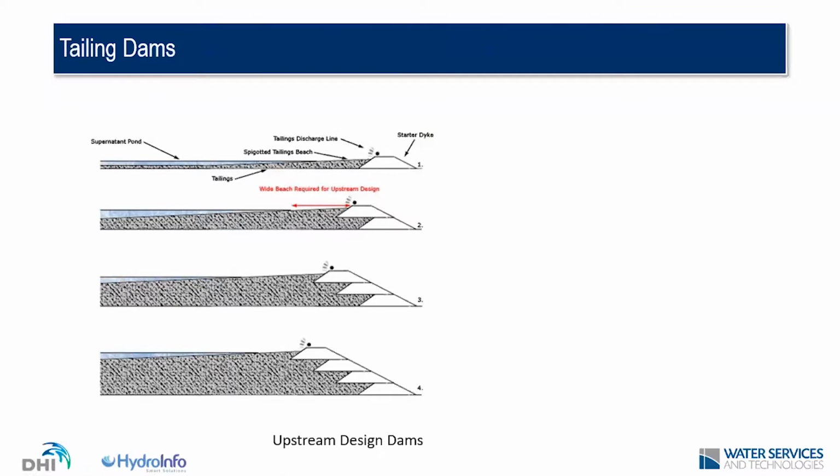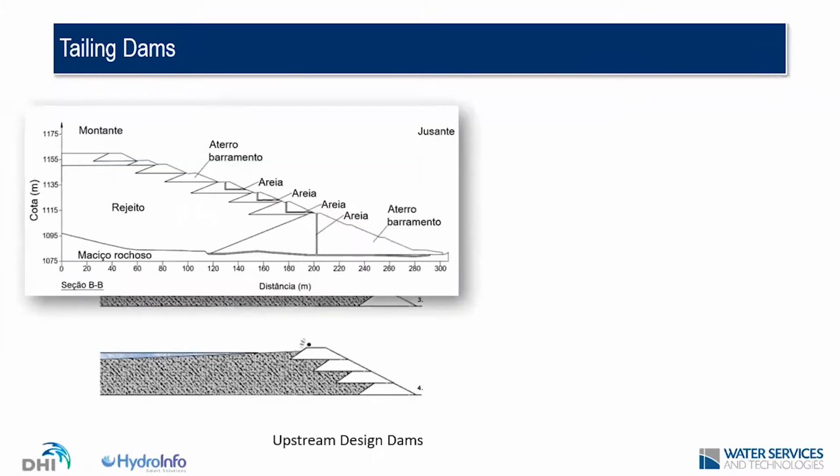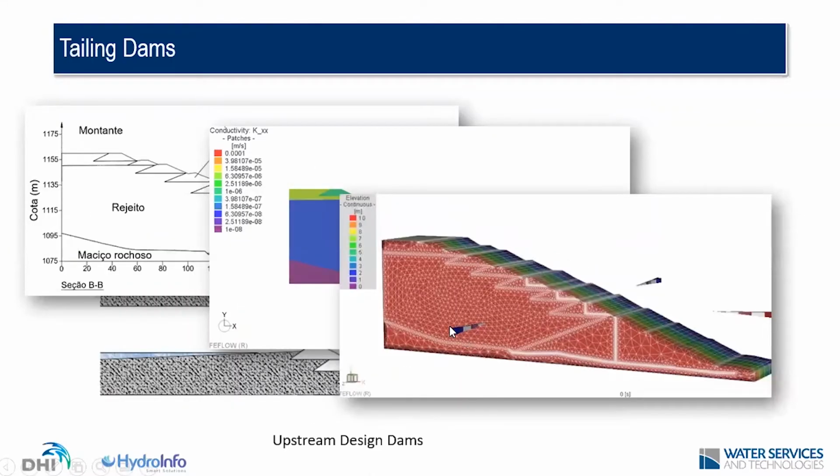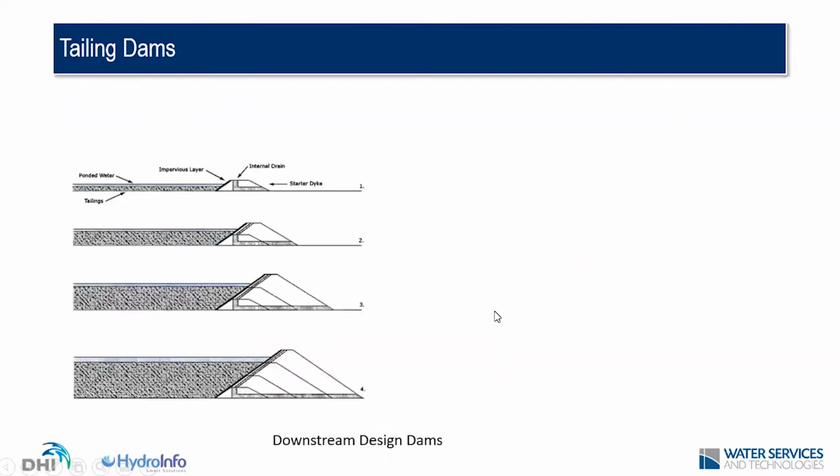For example, for the upstream design, we did this simulation for an upstream design dam with the structures here, the filters. This is the design of the dam, and we put it into FEFLOW. Then you can calculate, for the different materials and the filter, based on the mesh, the pore pressure distribution and the water level. The same here, which is a downstream design.